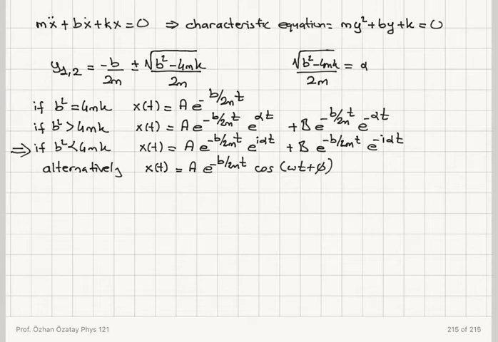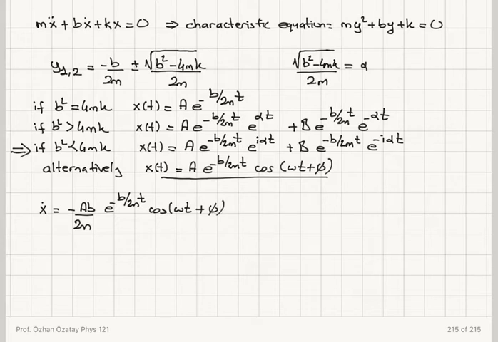All right, so if I look at this solution and try to verify if it satisfies my differential equation, I have to take a first derivative. So x dot is equal to minus a b over 2m e to the minus b over 2m t cosine omega t plus phi.